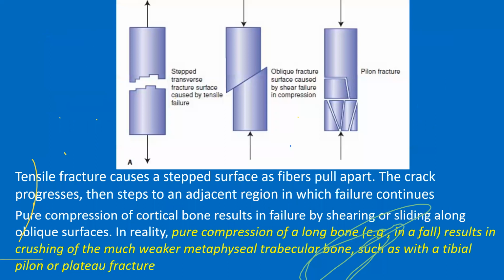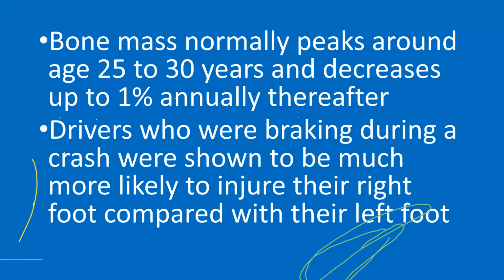Let me show you. Now, we spoke about the spiral and oblique fractures, and then we spoke about fractures occurring in the distal end, secondary to a stronger cortical bone. And I want to come to the other one. I will come to it.